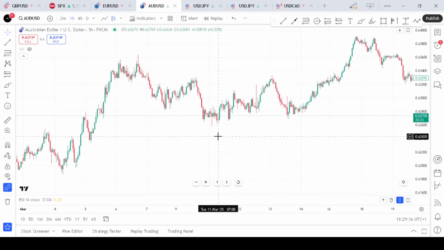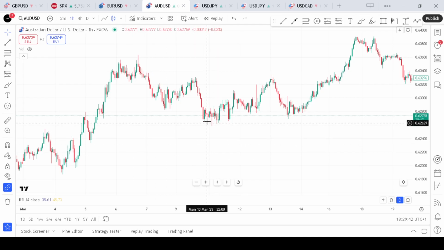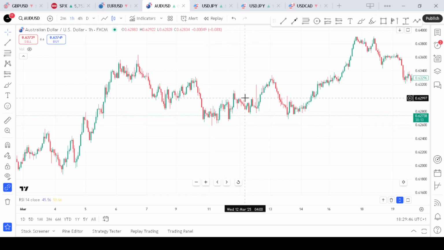This movement is known as wick filling and can provide valuable insight into market sentiment and potential trend reversals and continuation. So let's look at a step-by-step process of how we can implement this trading strategy.